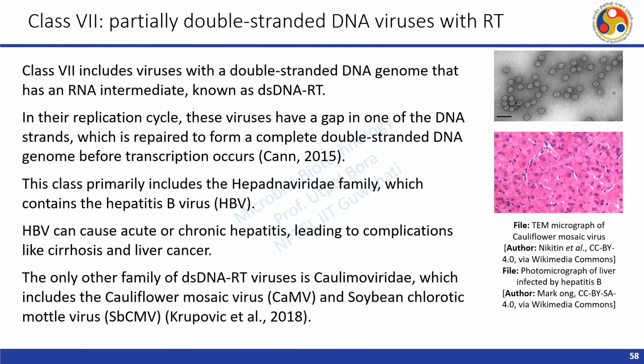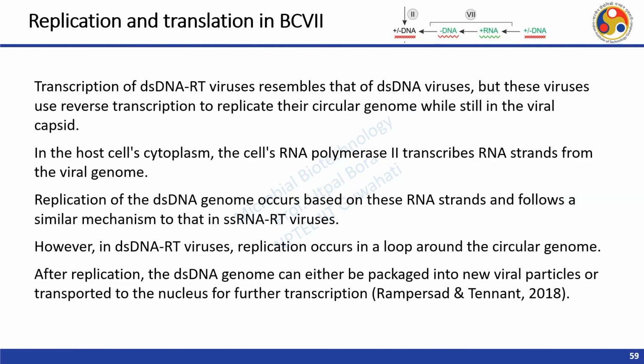The only other family of dsDNA RT viruses is Caulimoviridae, which includes the cauliflower mosaic virus or CaMV and soybean chlorotic mottle virus. The transcription of double stranded DNA RT viruses resembles that of double stranded DNA viruses, but these viruses use reverse transcription to replicate their circular genome while still in the viral capsid.